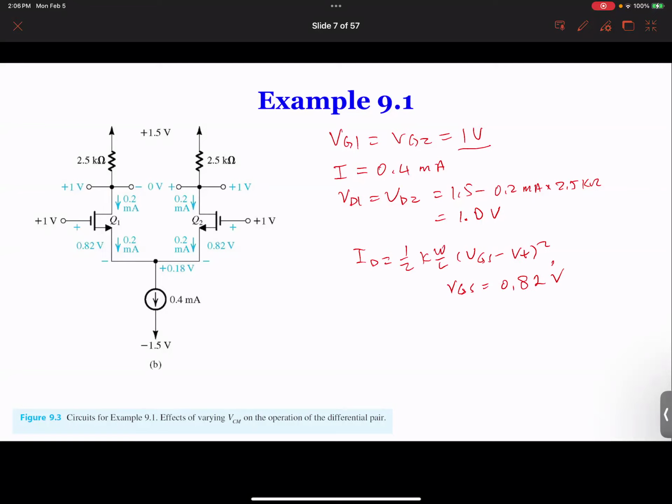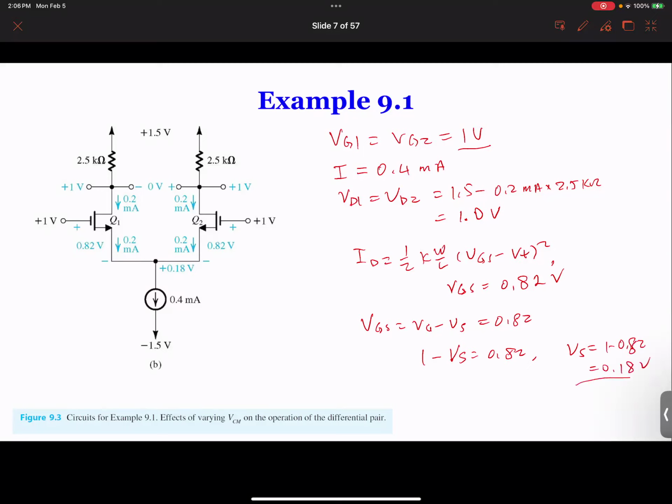So if VGS is the same, VGS in this circuit is equal to VG minus VS equal to 0.82, but VG now is 1, so 1 minus VS equal to 0.82. Therefore VS equals 1 minus 0.82, equal to 0.18 volts.